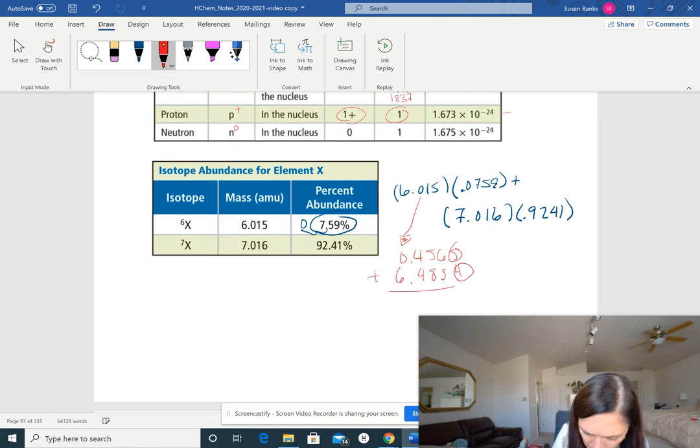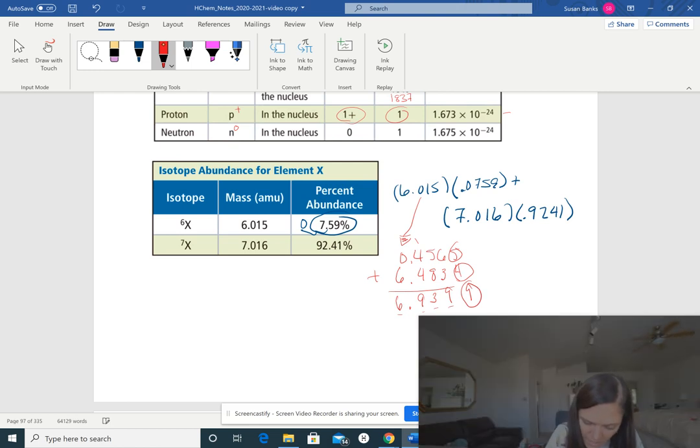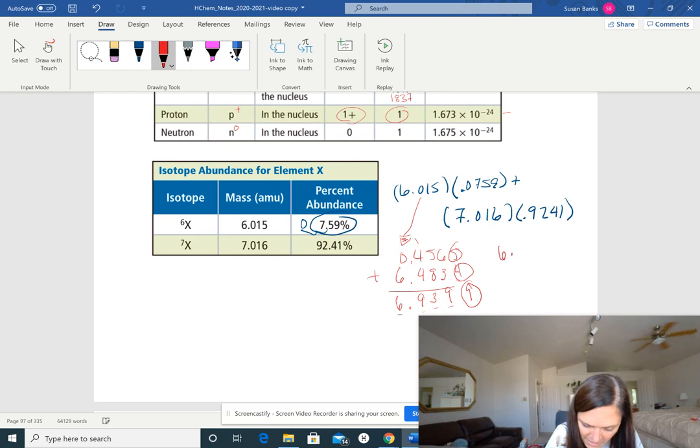I'm going to add those up. I have 9, let's see, 5 plus 8 is 13, carry the 1, 9, and 6. So I have 4 digits that I can use. That 9 tells me to round up, and that 9 is going to tell me to round up as well. So I'm going to report this as 6.940 atomic mass units.